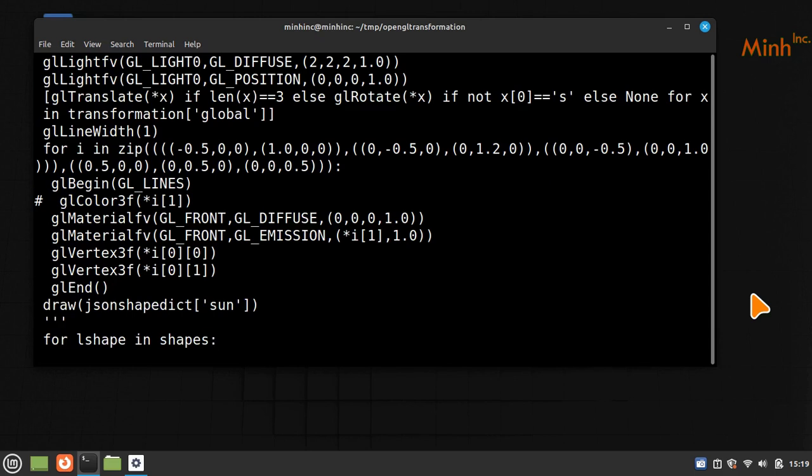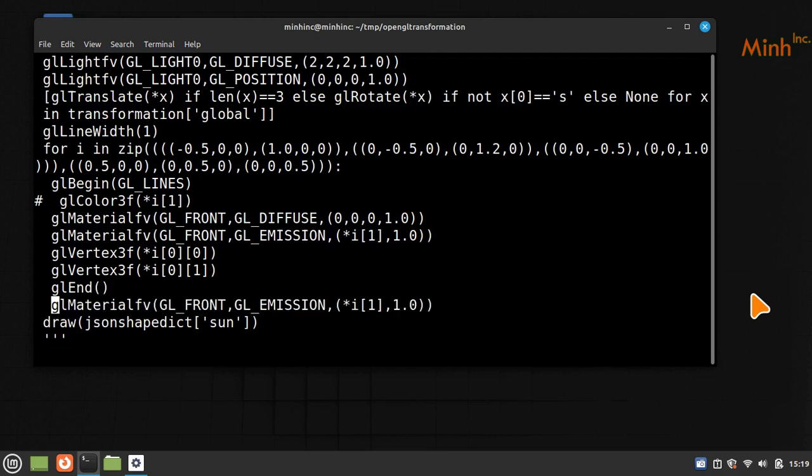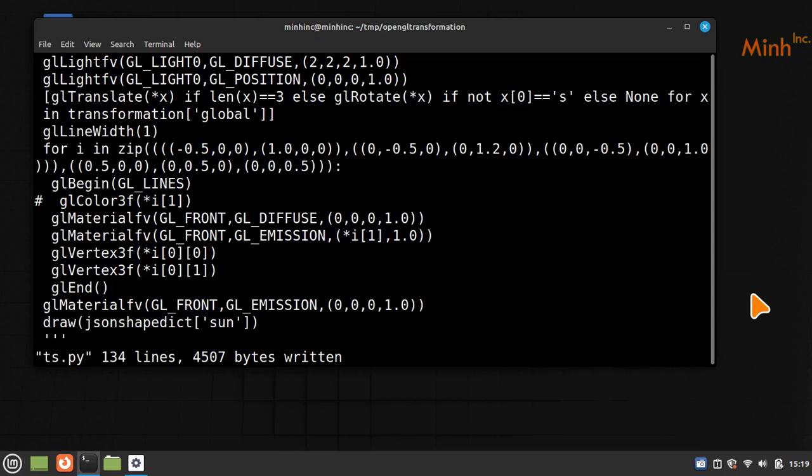So once the for loop is done, emission goes back to 0. Anyway, when the sun is drawn it will be set to 0, but it's okay, no problem, we can set it.